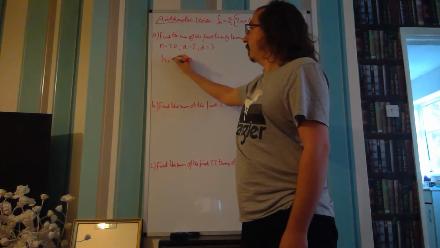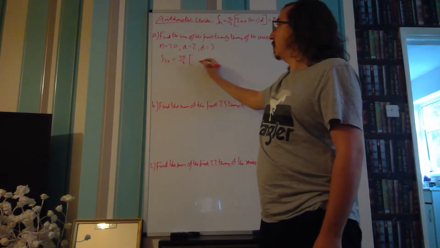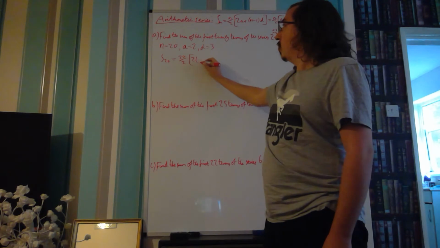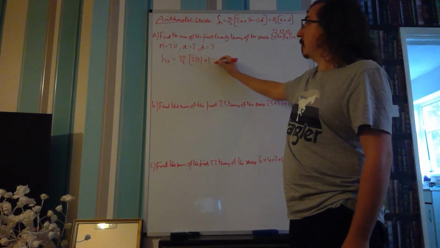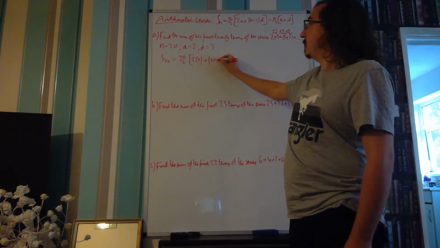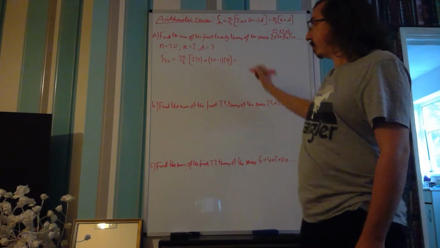So the sum of the first 20 terms is equal to 20 over 2 times 2 times a, which is 2, plus 20 minus 1 times the d value, which is 3.